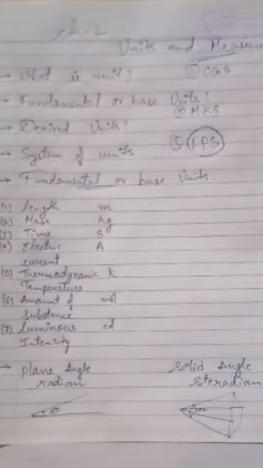One is CGS. Here C means centimeter, that is length, G means gram, that is for mass, and S is second for time. In the same way, MKS stands for meter, kilogram and second.